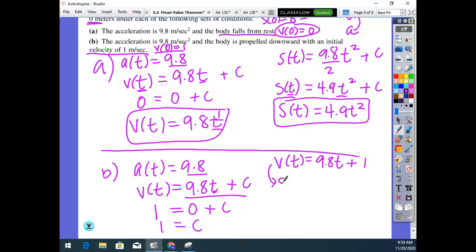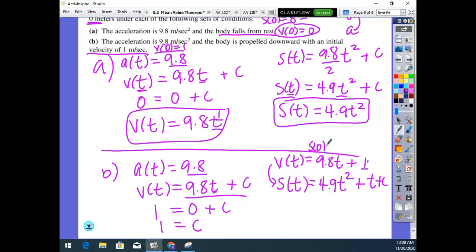Then I go backwards to my position function. So we're going to add 1 and divide. So 4.9t squared plus, the antiderivative of a constant is just t, tack on your variable, plus c. The good news is we're still using s of 0.